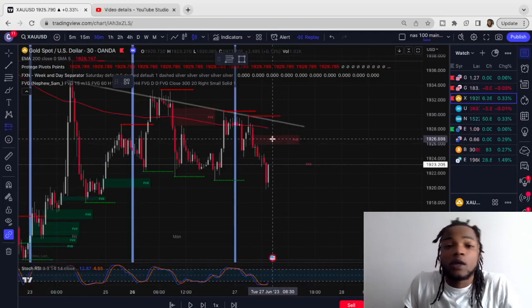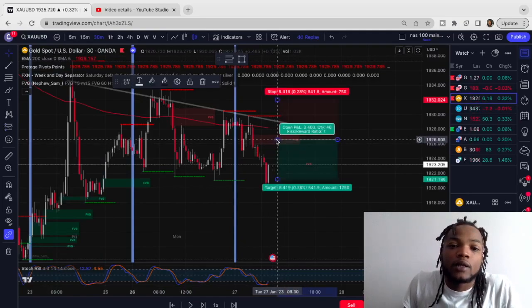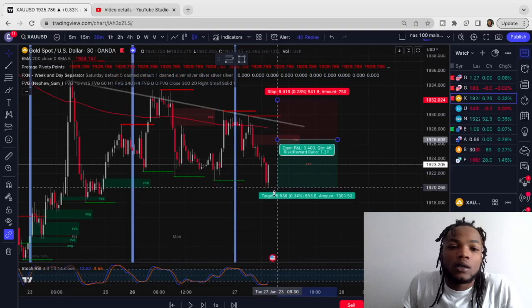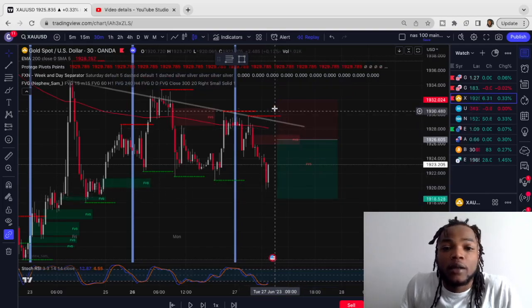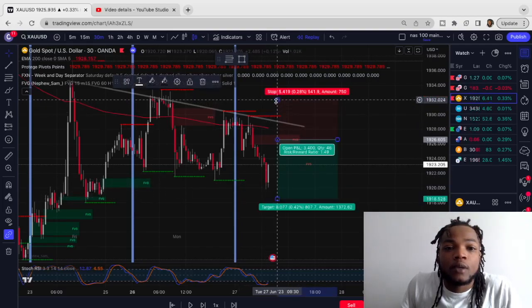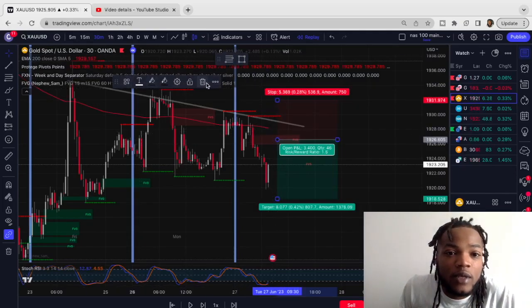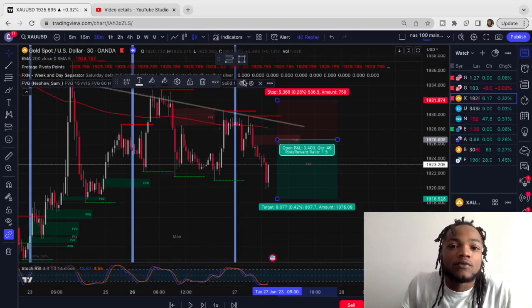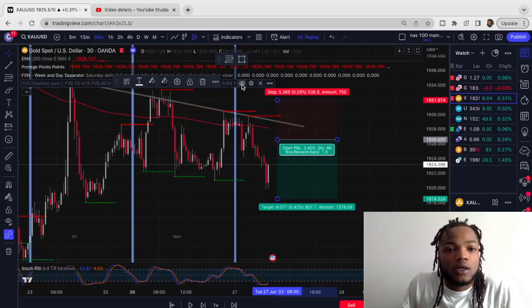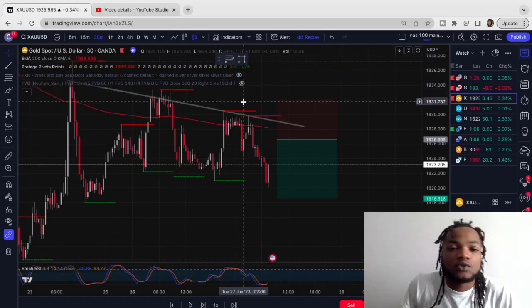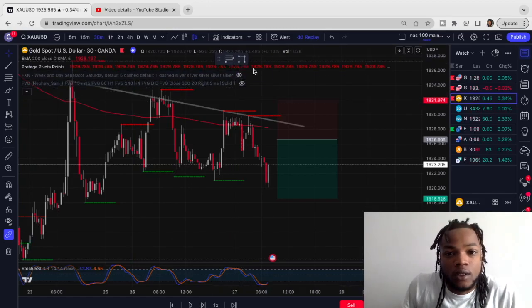Some of y'all may know, some of y'all might not. But that's something I would do. I will wait for it to come to this fair value gap. Let me turn it off because I don't want to confuse y'all. Those blue lines were just separating my days.